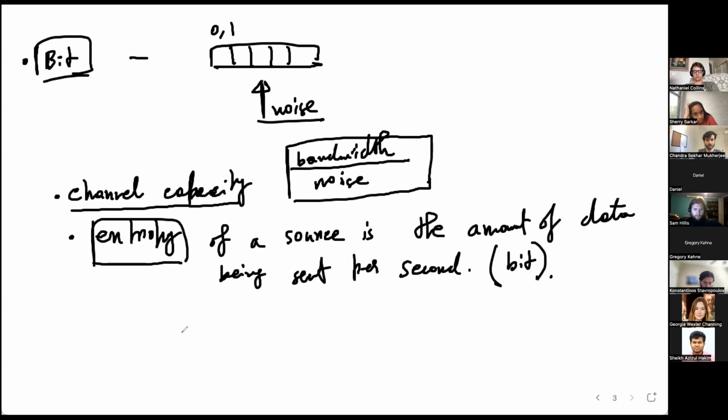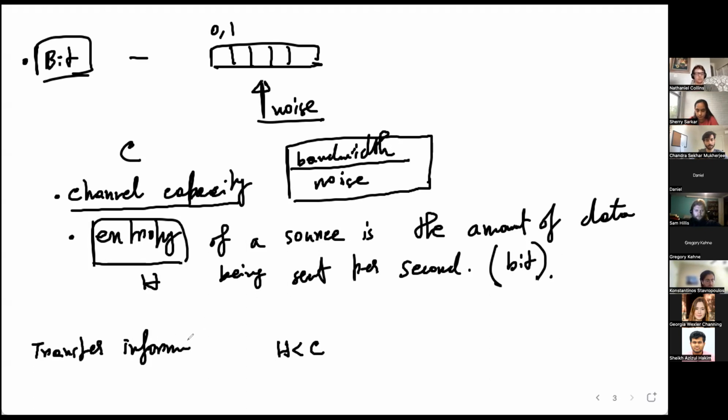And he basically showed, again, which is very natural to say, that this entropy H and this channel capacity C are such that you can only transfer information reliably if H is less than C. And that is in a nutshell what Shannon's theory of communication is.